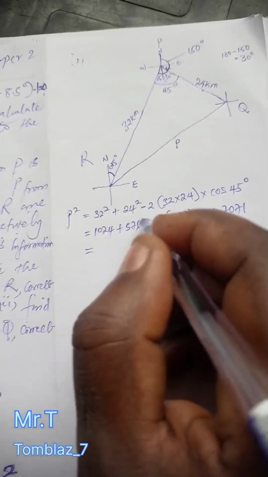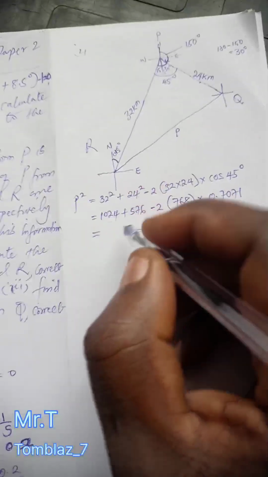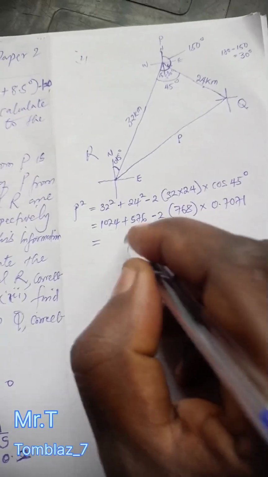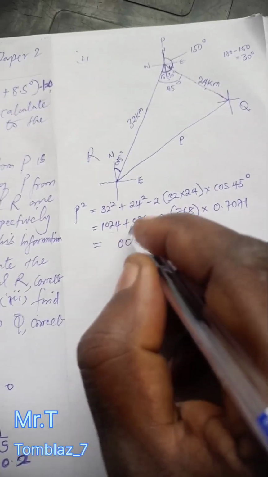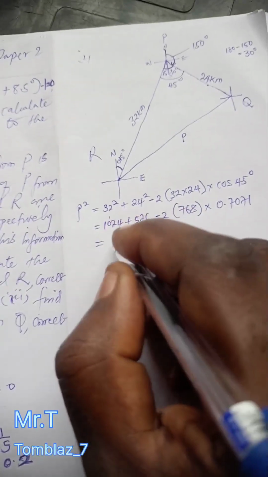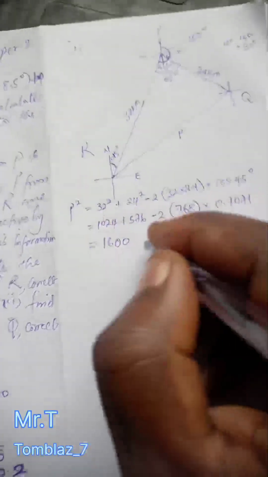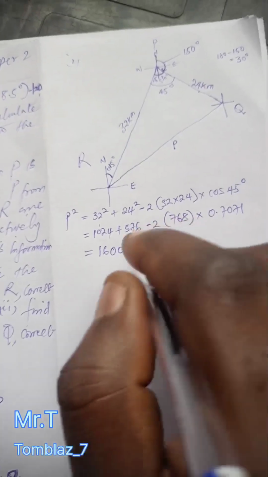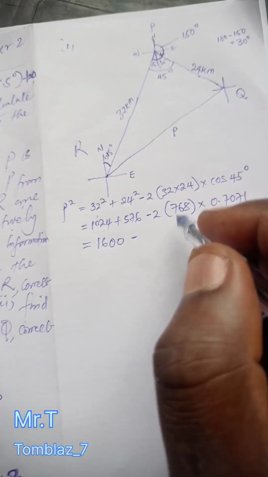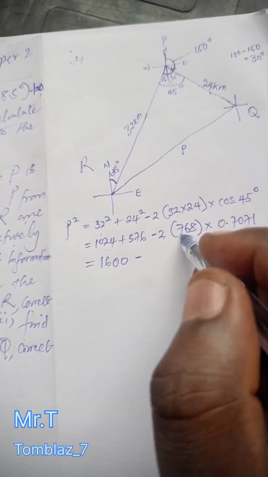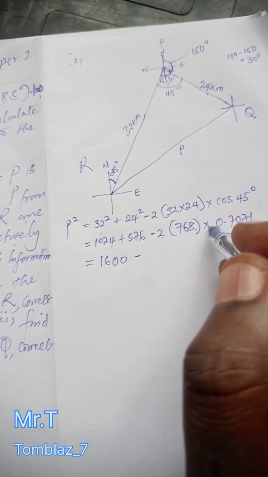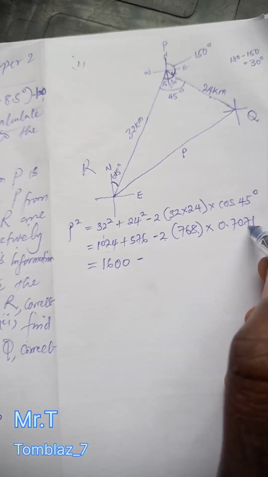All right, let's continue. So let's add these two values together now. This one will give you 0, this one will give you 0, this with that 1 makes this 6 and 1, then minus, let's multiply 2 times 768 times 0.7071.